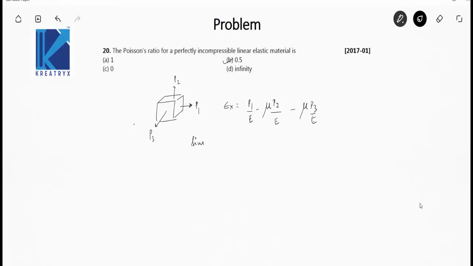Similarly, strain in y direction will be P2 by E minus the lateral strains by the stresses P1 and P3.